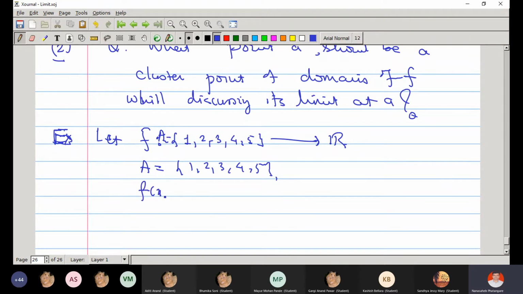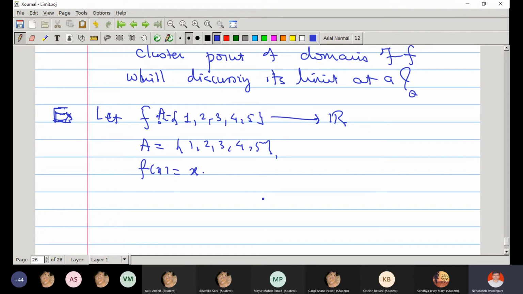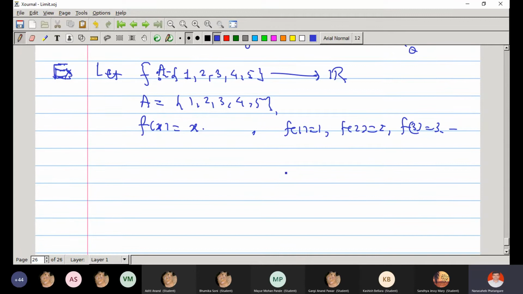Now I define the function f of x is equal to x. Actually the definition of the function is not special at all. That means f of 1 is 1, f of 2 is 2, f of 3 is 3, and so on. So this is my function.